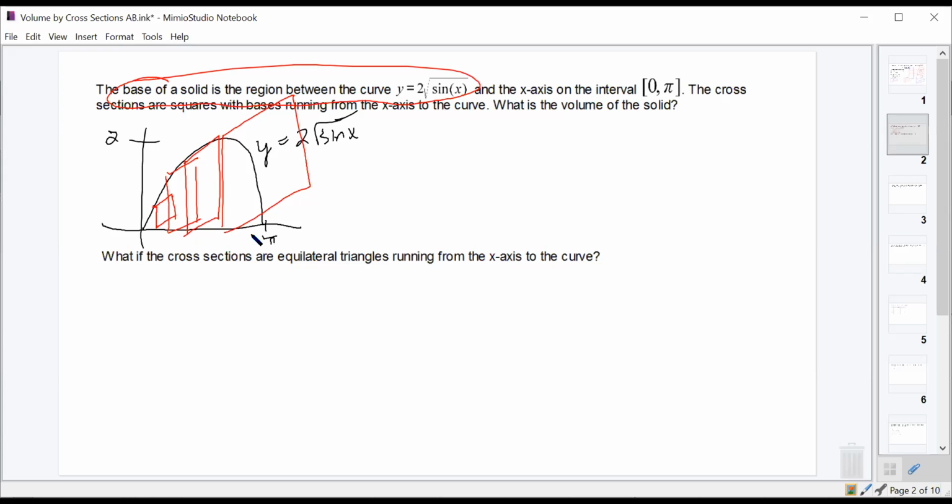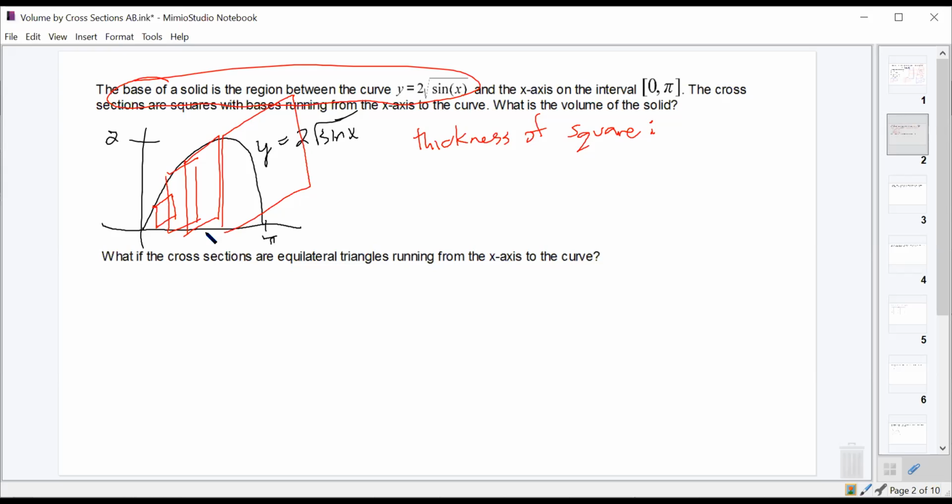And so how thick is each one of these squares? Are they thick or are they thin? Which way did you cut the solid to get those squares? Did you cut it vertically or horizontally?